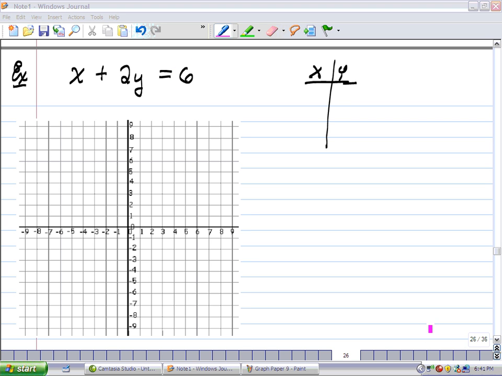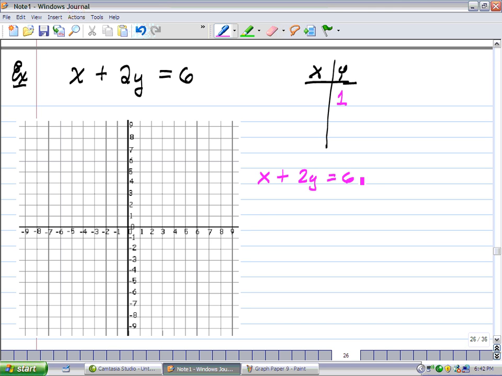So let's pick a y value. I'm just going to pick 1. So I'm going to replace the y with 1 and figure out what x is. So x plus 2 equals 6.